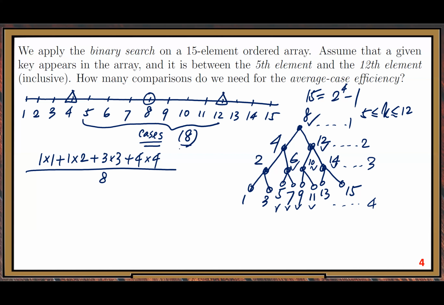The question is 9 or 8. Here it looks like we have 9 cases. 1, 2, 3, 4, 5, 8 cases. Why here do we get 9 cases? 1, 2, plus these 3, so that's 5 and 4 more. Can you see anything wrong?